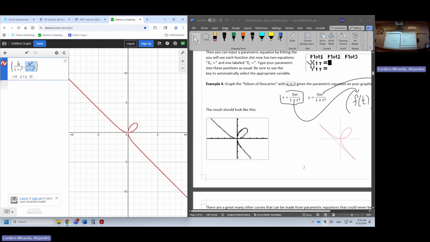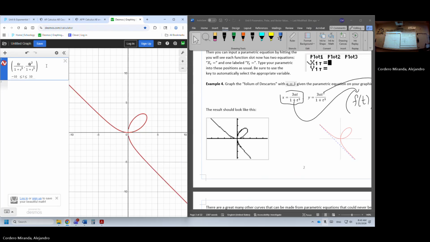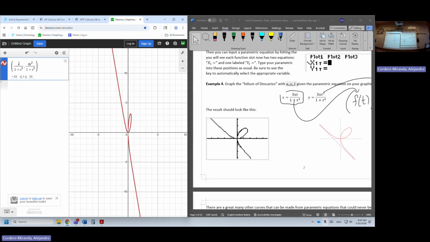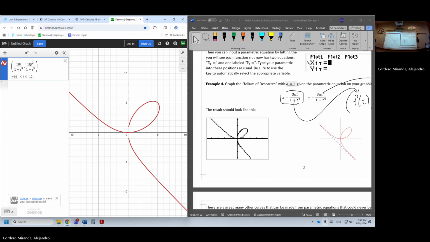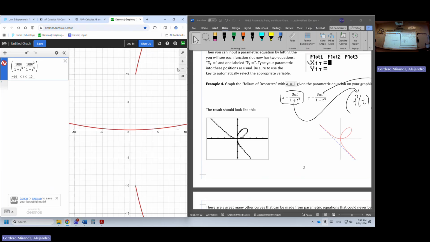Maybe if I make A be 2, and I make this like 6 and 6, then you get the same type of shape. I don't know. I haven't studied this much. I'll just make it 10. It just makes it bigger and bigger. I don't know why there's an A and why that A matters.